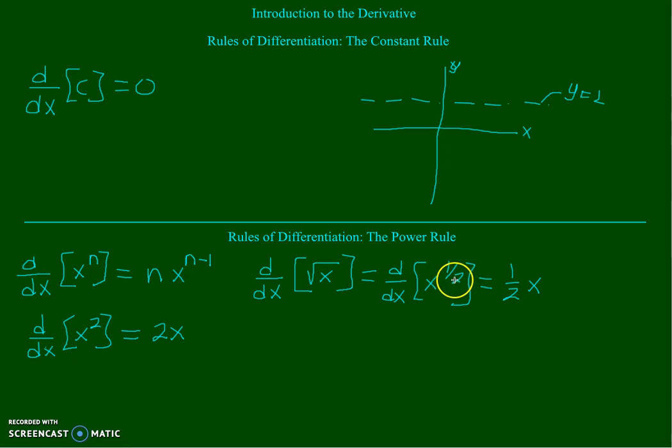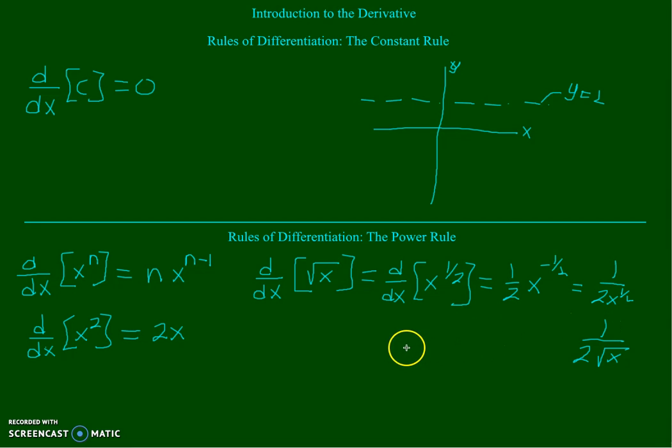Well, 1/2 minus 2/2 is -1/2. And to simplify that, it becomes 1 over 2x to the 1/2. And if you want to put it back into radical form, it's 1 over 2 square roots of x. But it's not necessary to put it in that form.